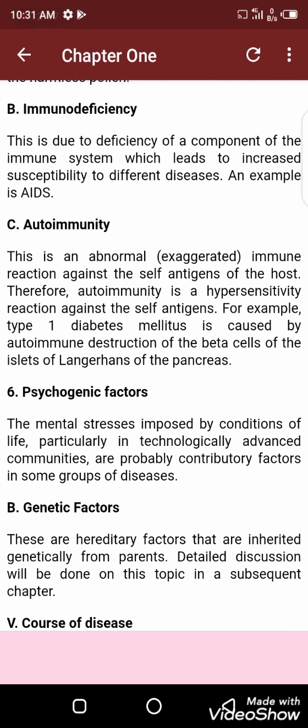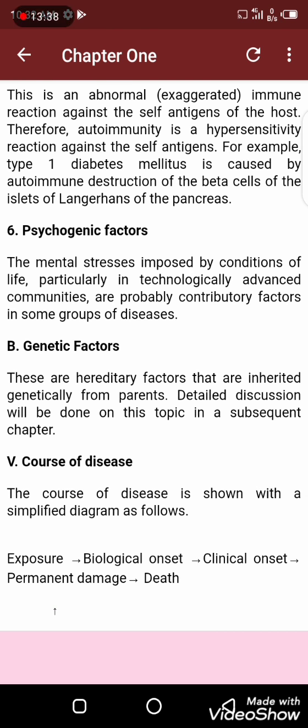Autoimmunity. This is an abnormal immune reaction against the self-antigen of the host. Therefore, autoimmunity is a hypersensitivity reaction against the self-antigen. For example, type 1 diabetes mellitus is caused by autoimmune destruction of the beta cells of the islets of Langerhans of the pancreas.